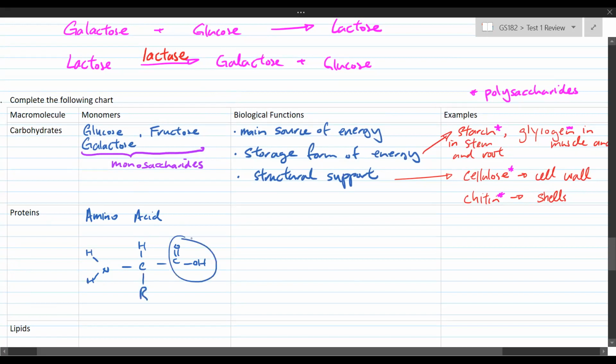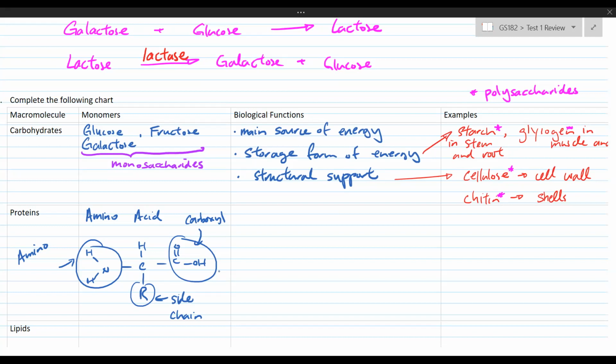So there is the carboxyl group, there is the amino group, and then we have a side chain. All the proteins are made up of 20 amino acids, and all the amino acids share this structure. The only thing that separates one from the other is the kind of side chain that it has.